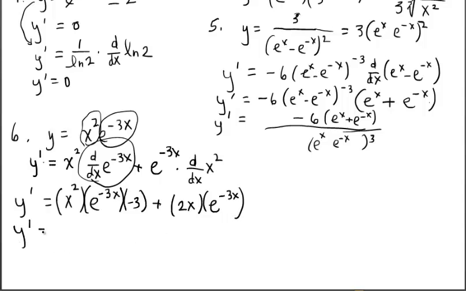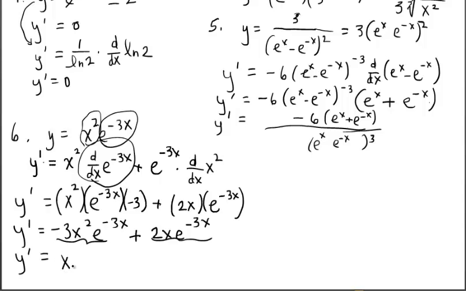A little cleanup on the first term, -3x squared times e to the -3x. Here it's just plus 2x e to the -3x. Very possible that the author may have looked for a common factor. They do like to put things in factored form. We don't have to, but I think it's good for us to continue to practice that skill.